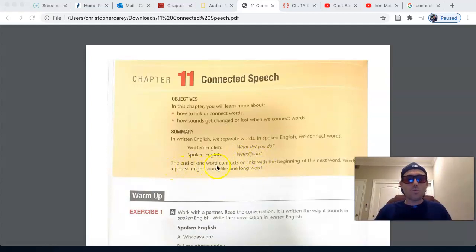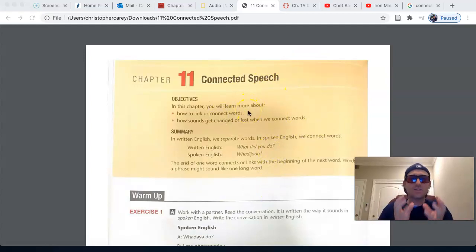So the end of one word connects or links with the beginning of the next word in spoken English. And when we do that, words in a phrase might sound like one long word, like, what did you do? That sounds like one long word instead of four separate ones. So this is what we're going to be looking at today, connected speech.